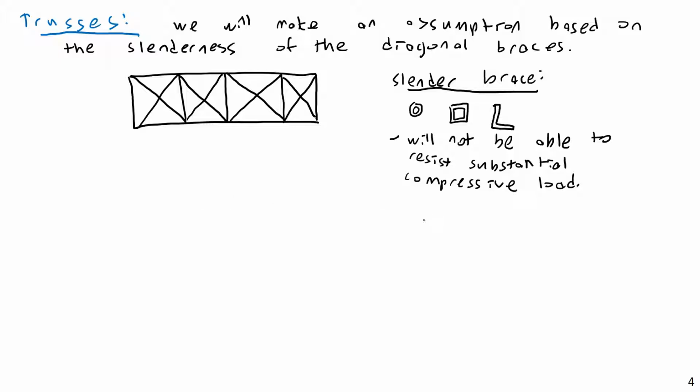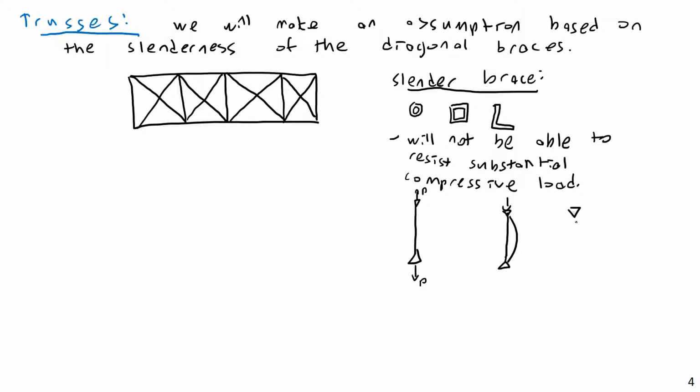So slender members, if you go back to your Euler buckling, when we pull on a column, it doesn't undergo any kind of buckling. You can get the full strength out of a column, up to the full yield strength usually, when you're in tension. But when you are in compression, you don't get that full strength. Instead, the column tends to buckle. It will buckle like this, or something like this.